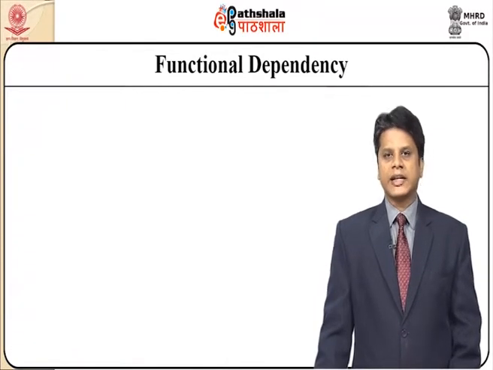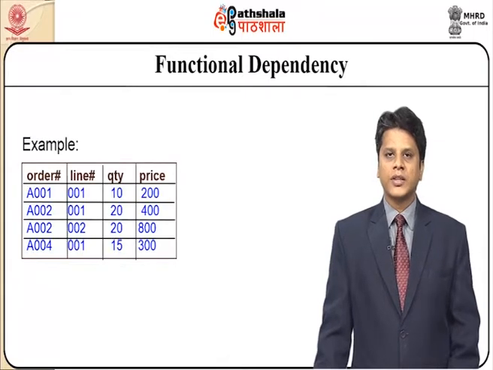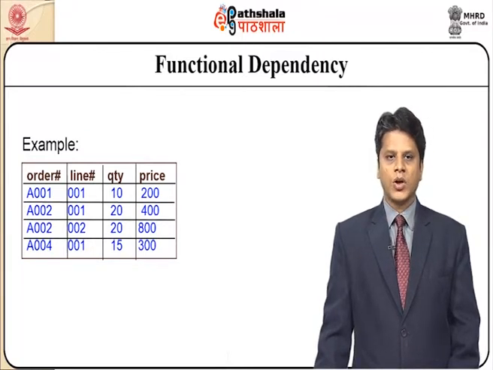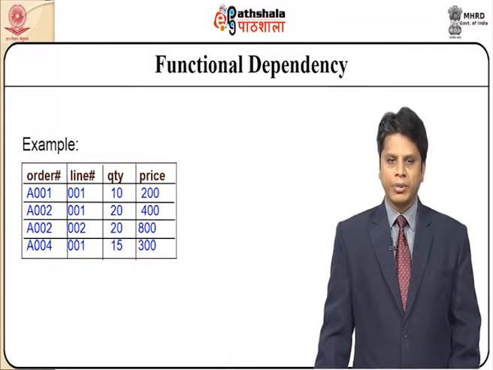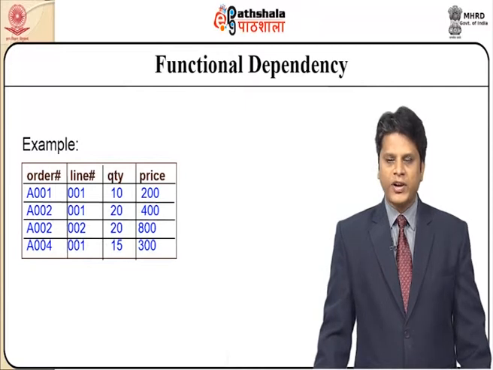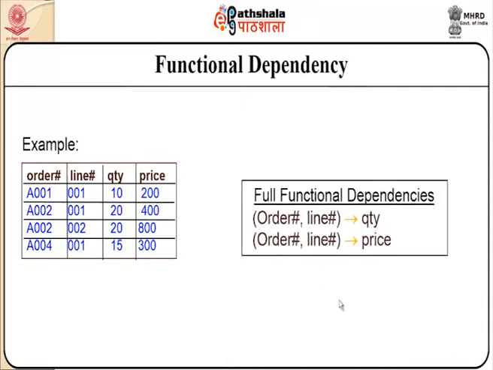We will consider another example for this fully functional dependency. Here we see an example which has 4 attributes: order number, line number, quantity and price. If we look at fully functional dependency, order number and line number determine quantity.